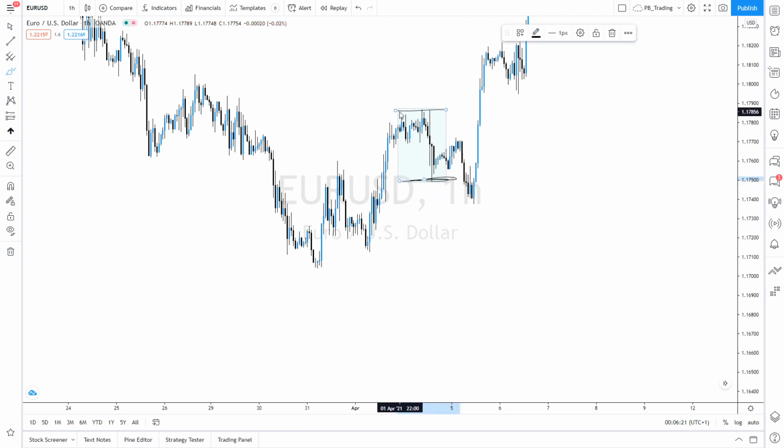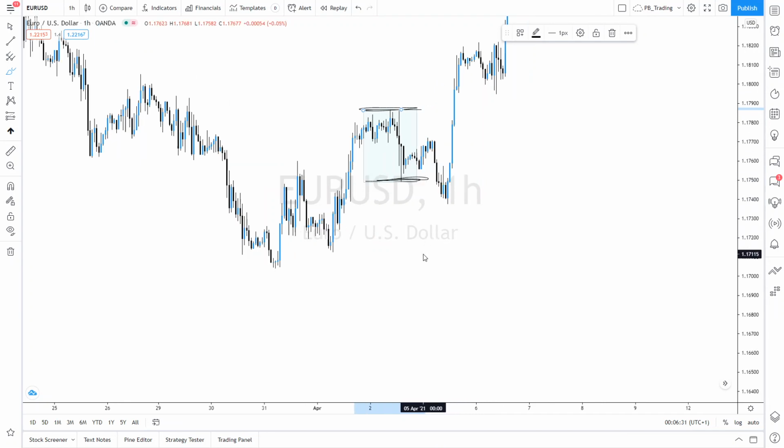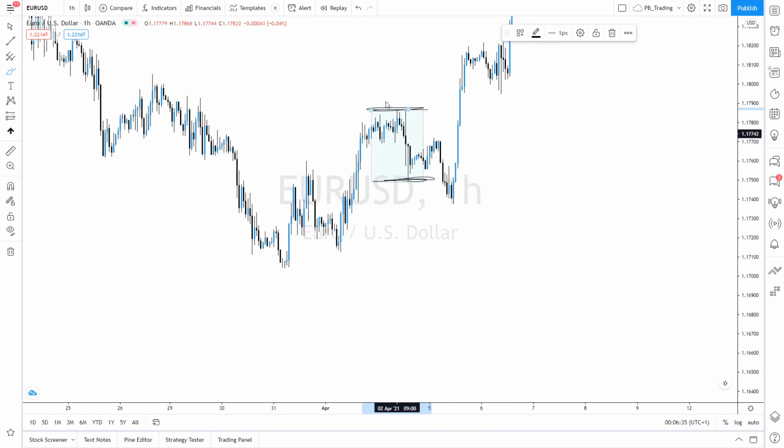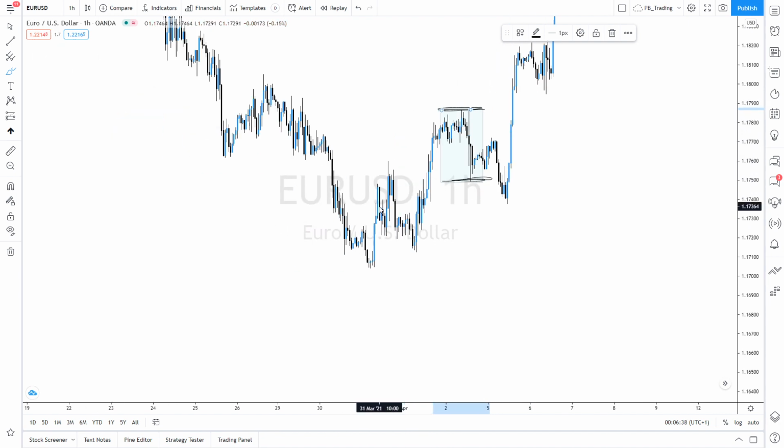Okay, we are saying that for the principle of spring and upthrust, anytime a daily low is taken out, in this instance here, price comes to sensitive areas below, discount areas below the lows of the daily range.